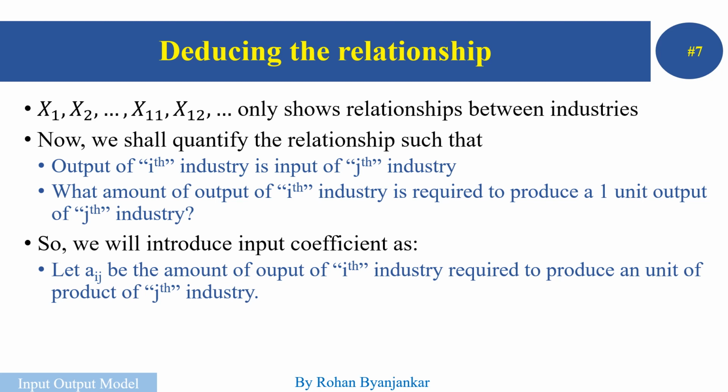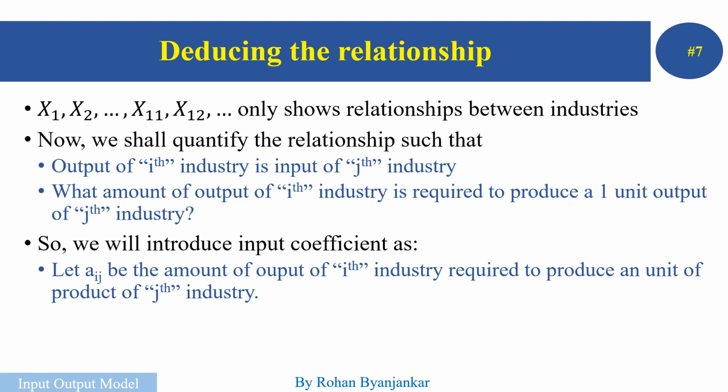This only shows the relationship between the industries, but from this we cannot quantify the relationship. So now we shall quantify the relationship such that the output of the ith industry is the input of the jth industry.